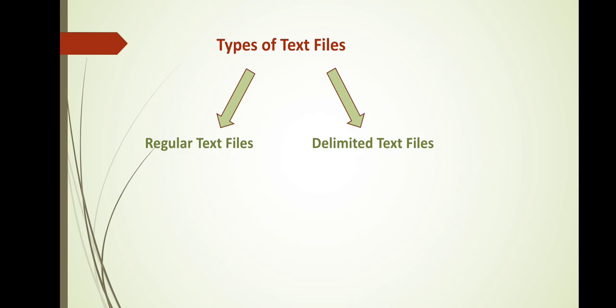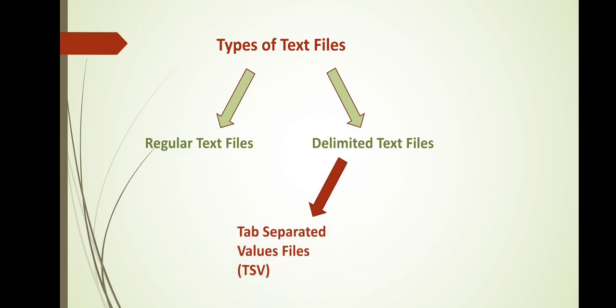But in a delimited text file, when we type anything, each value will be separated by some delimiter other than a single space. It can be a space, it can be a tab character, or it can be a comma. Right? So depending upon whether the delimiter is a tab or a comma, delimited text files are further divided into two types.